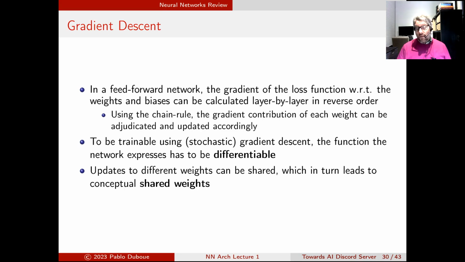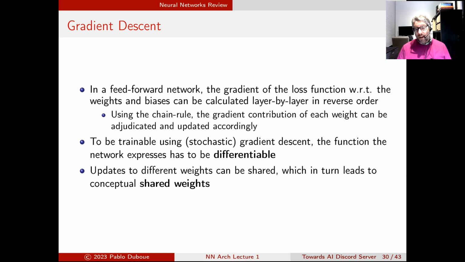So in a feedforward network, we change the weights, we change the parameters of the network using the gradient of the loss function with respect to the weights and biases. We calculate them layer by layer in reverse order using the chain rule, and then we can modify the weights based on the contribution to the change on the loss function.